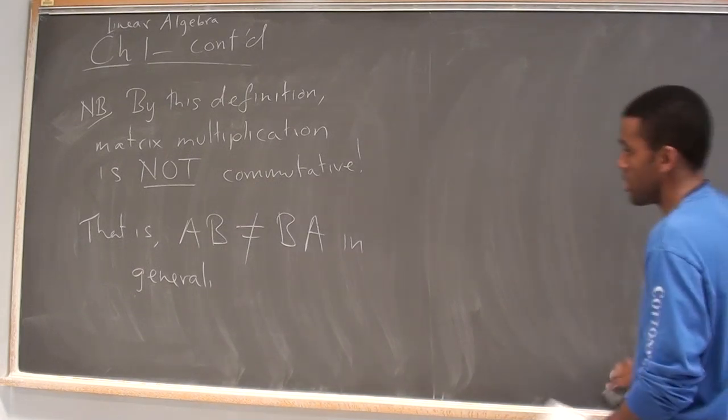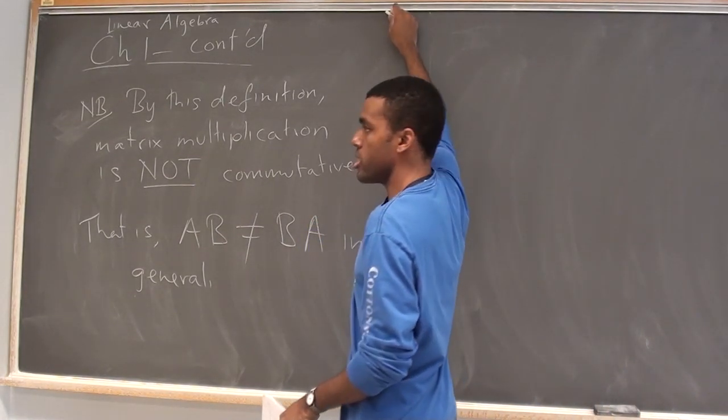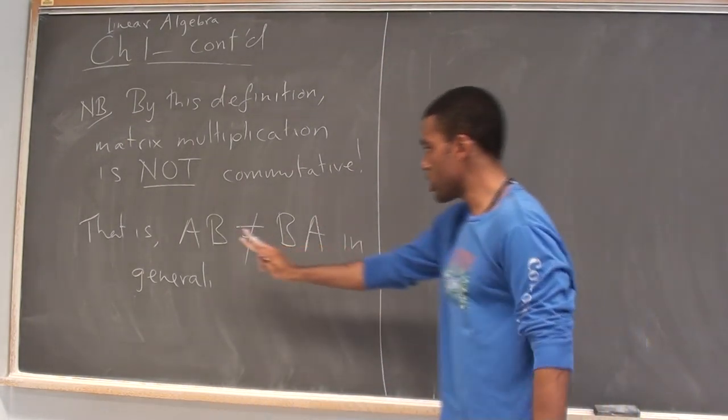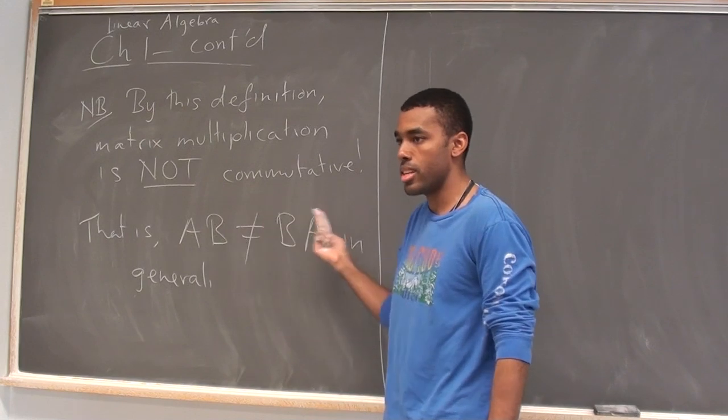If it's a square matrix, then only do the same. If they're square matrices of the same size, you can actually multiply both sides, but it's still not guaranteed that they'll give you the same answer.